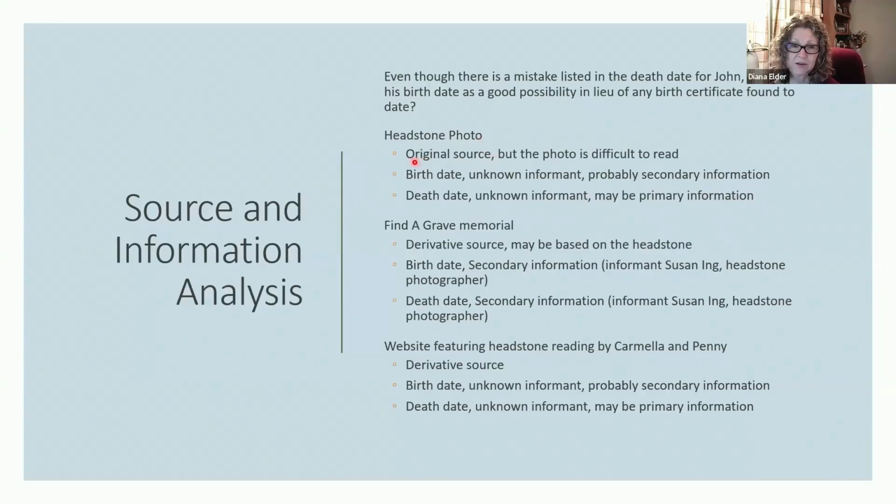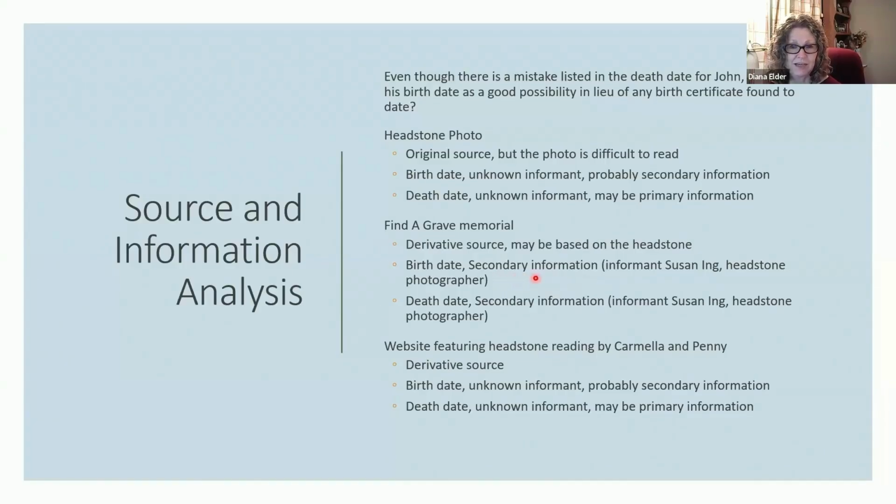So this is our original source, the most important source to really make sure we've nailed down accurate information from that headstone. But we also have this Find a Grave memorial, and it's a derivative source that someone wrote. It could be based on the headstone, and it looked like Susan, who took the headstone photo, was the informant for the memorial. So for the birth date, that's secondary information still, she's taking what she can see on the headstone, which still would be given by somebody who wasn't at his birth.